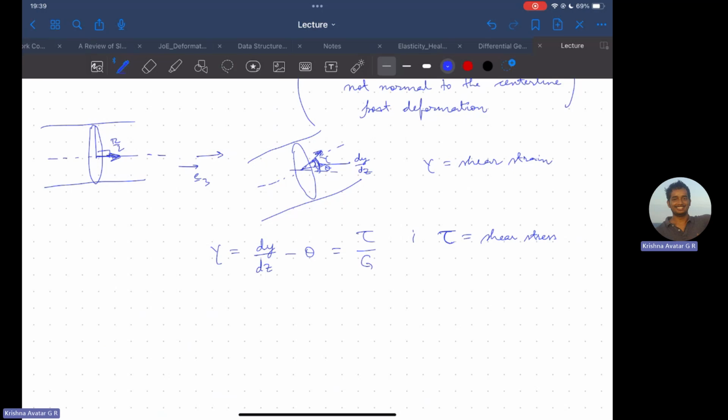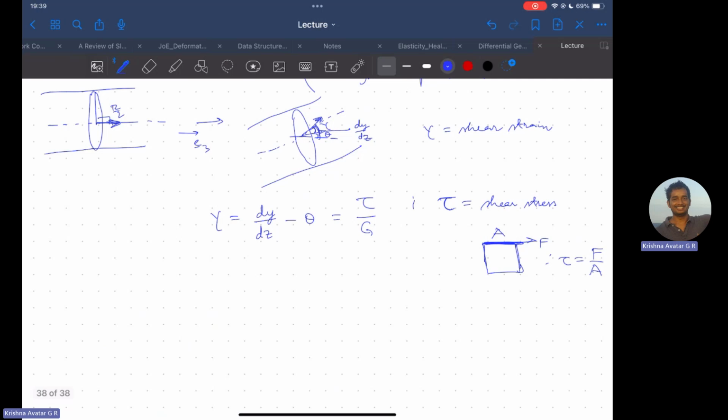It's a shearing force divided by the surface. The way we define shear stress is you have this body, you have this surface with area A, and you're applying a shearing force F fully on the surface. So it is given as F by A, just to give you an idea.